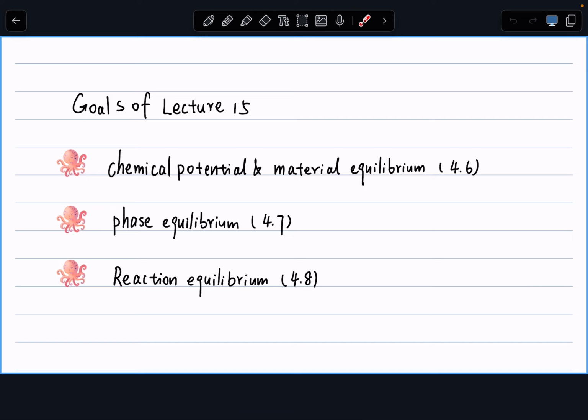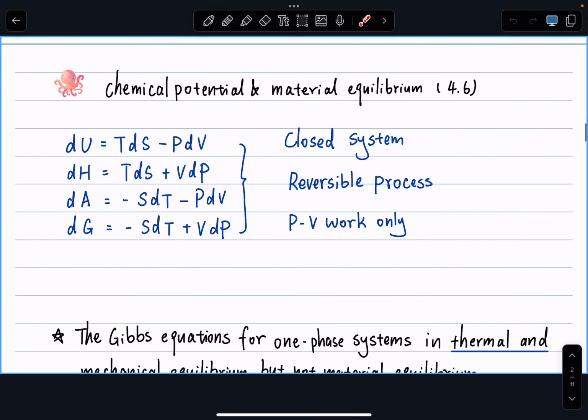So let's get started on today's lecture. So far in our previous examples, we went over the derivation of the Gibbs equations from the 6 fundamental equations or the definition of our state functions. We generated the set of Gibbs equations for a closed system, PV work only, thermal, mechanical, and material equilibrium, or thermodynamic equilibrium. Just to refresh your memory, these Gibbs equations are derived for reversible processes only.